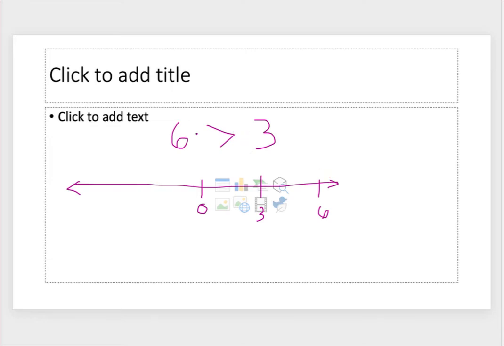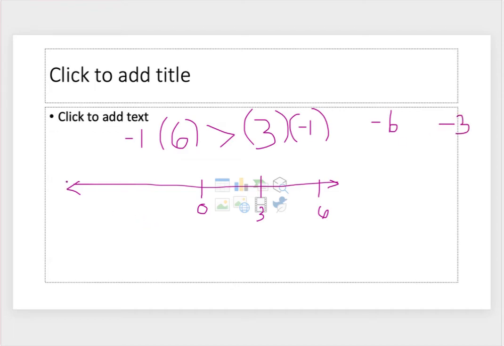Now, we're going to multiply both sides of this by a negative 1. So if I multiply by a negative 1, and I multiply over here by a negative 1, then I'm going to get negative 6 and negative 3.